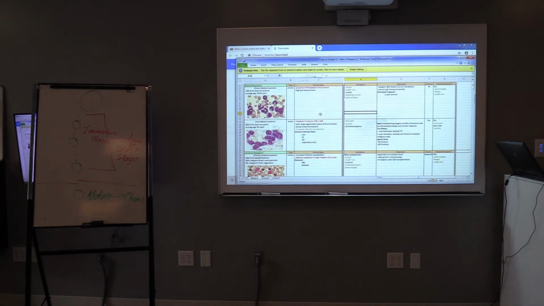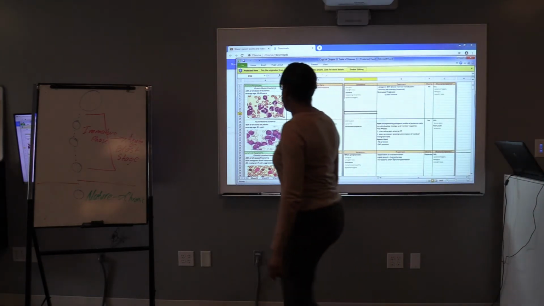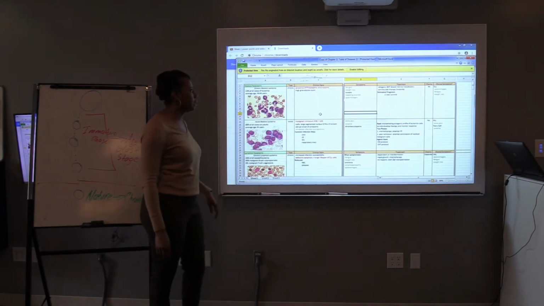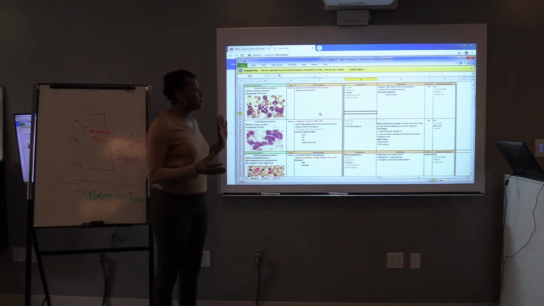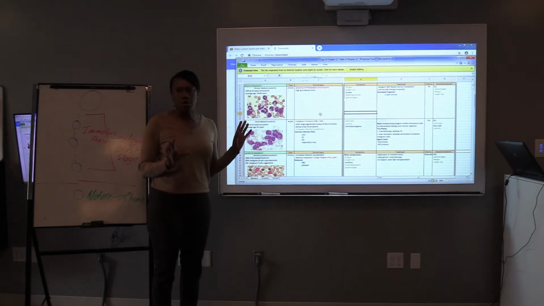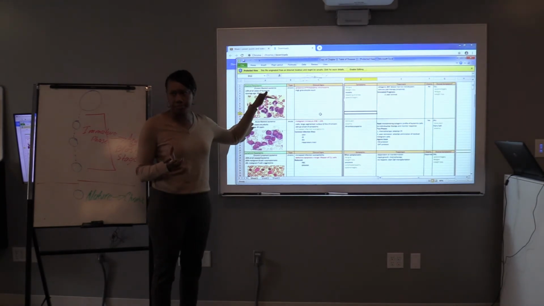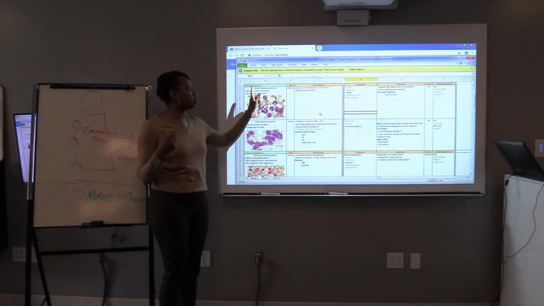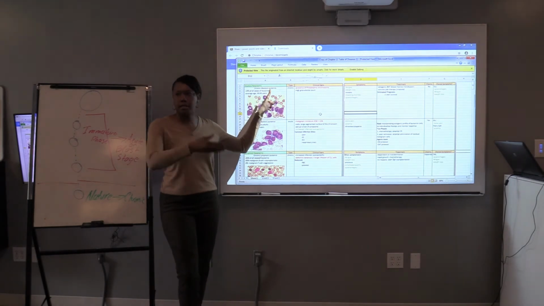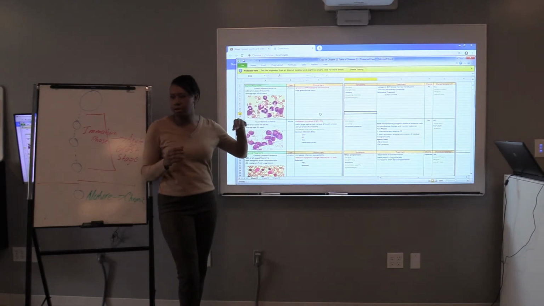Okay, so again, with this spreadsheet, this should be easy for you to memorize. Let me tell you how to tackle this. When you're memorizing this at home, focus on the title type. We already know from understanding myeloid and lymphoid what types of cells could be involved.